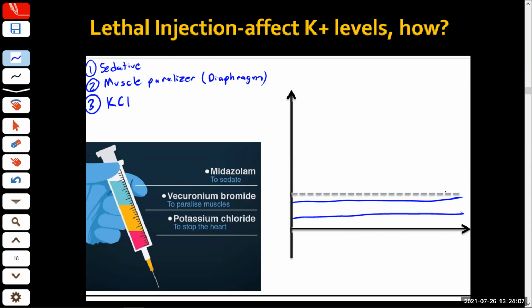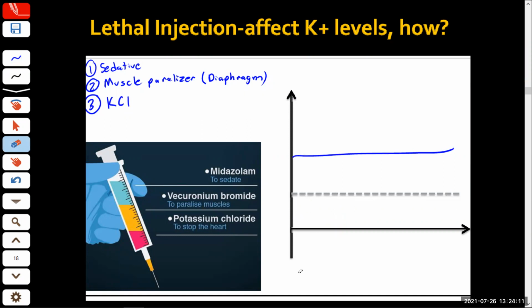And what happens if I keep pushing and your resting is up here? Your heart, once it contracts, guess what? This is resting. This is where it stops. I'm above my threshold. Can I do anything? Potassium chloride. Heart beats and then stops. It isn't allowed to relax anymore.